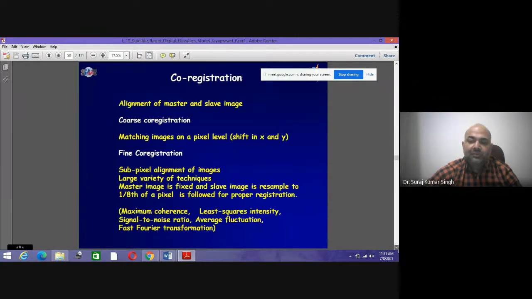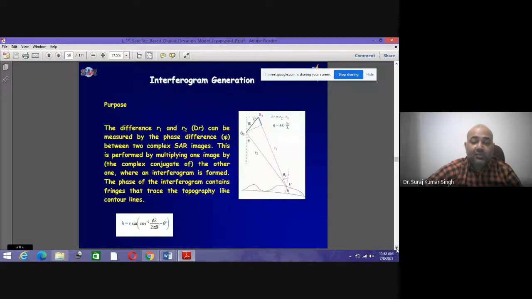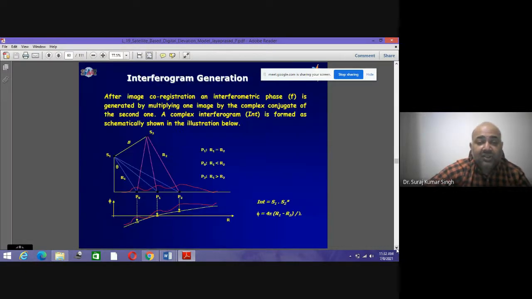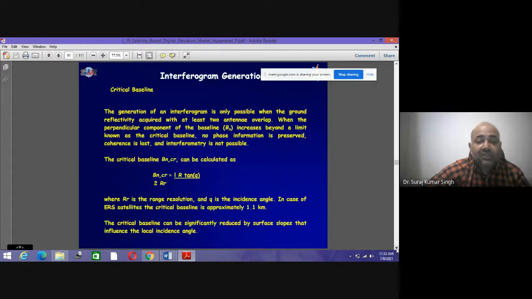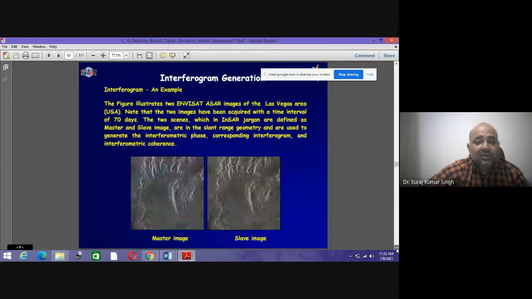First we'll be doing the coregistration, aligning the master and slave image, then coarse coregistration, matching images at the pixel level, and fine coregistration, the sub-pixel alignment of the images. A large variety of techniques are used for pixel coregistration. Then you have interferogram generation, and you will be seeing the product.